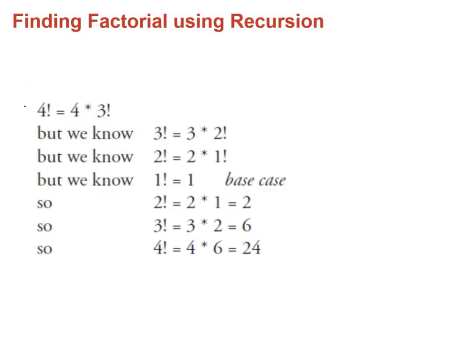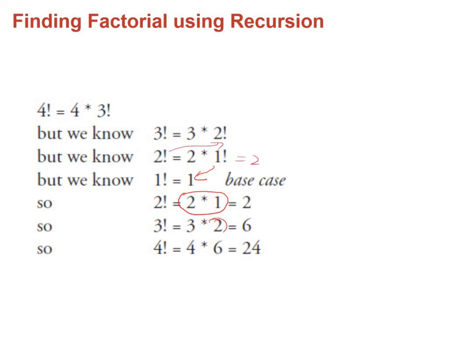So here's how the call stack works, which I've already discussed. 4 factorial is going to be 4 times 3 factorial. 3 factorial is going to be 3 times 2 factorial. 2 factorial is going to be 2 times 1 factorial, right? And that is where we reach the base condition. Now it starts filling up the stack by replacing these numbers. 1 factorial is 1, so it becomes 2 multiplied by 1. 2 factorial is now 2, so it replaces 2 factorial by 2.